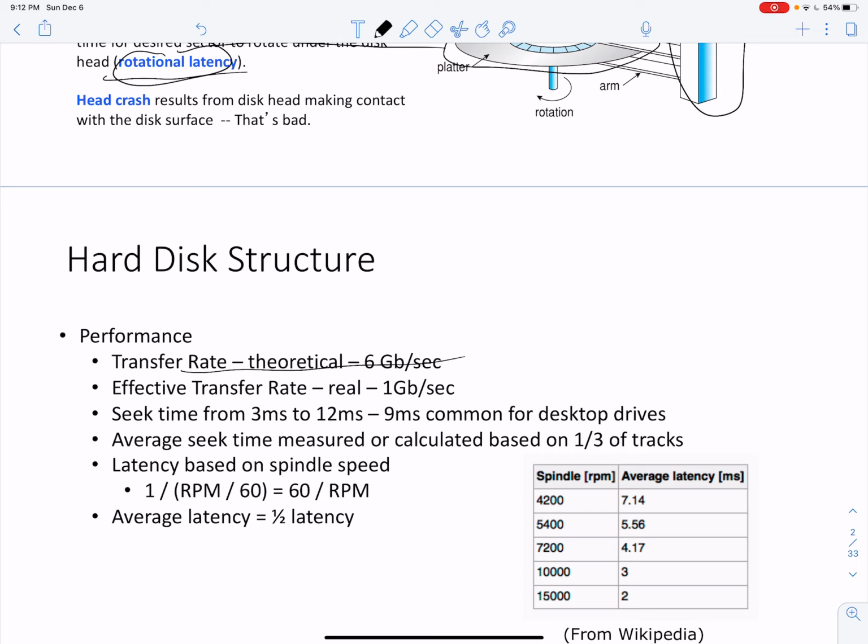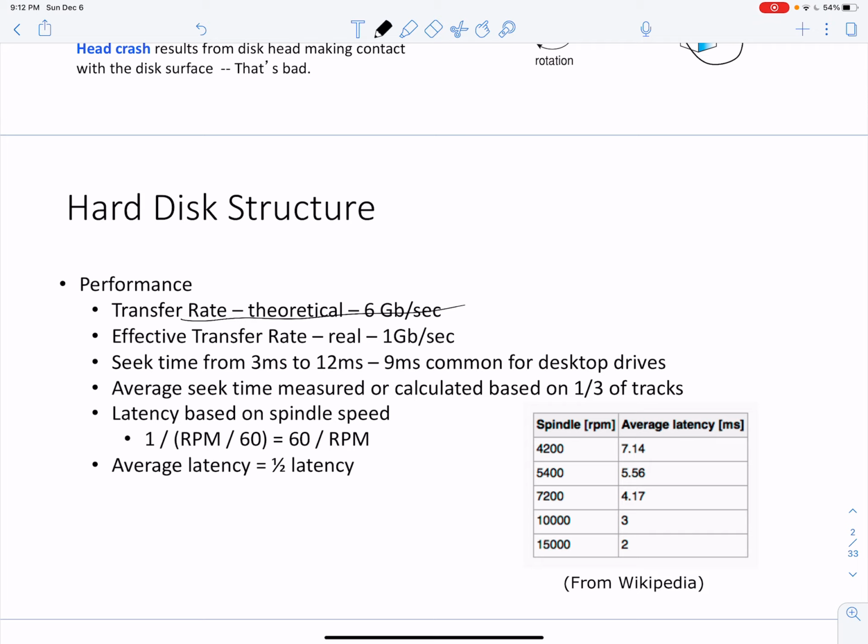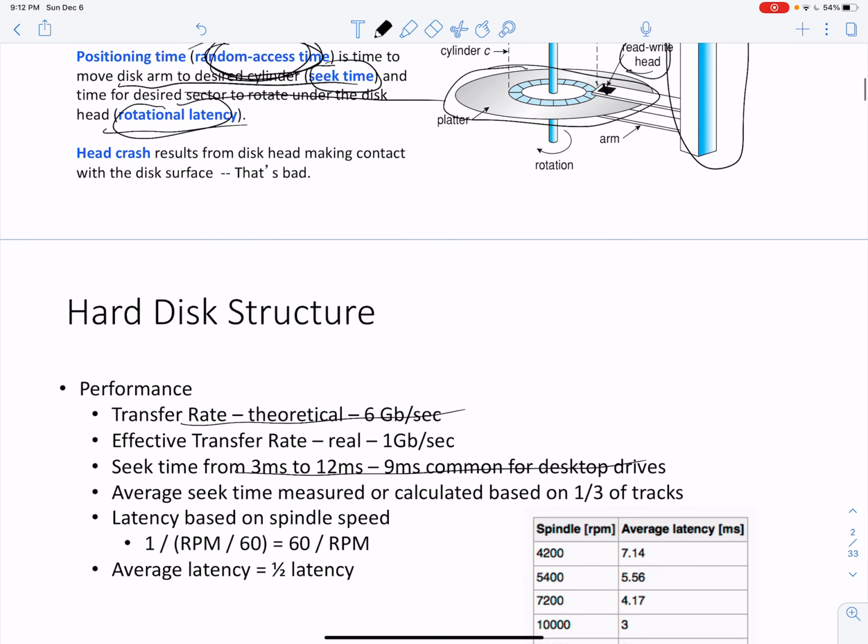For everyday desktop hard drives, not solid state drives, the seek time on average is anywhere from 3 milliseconds to 12 milliseconds.